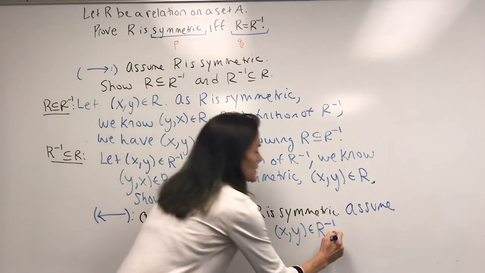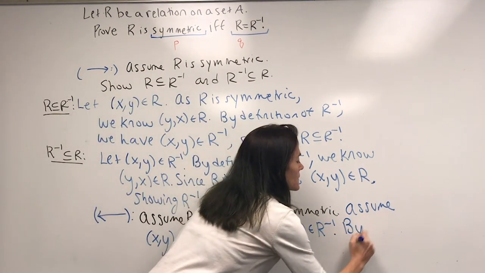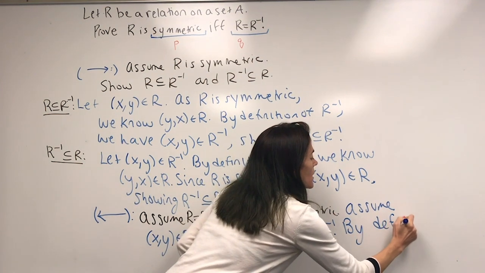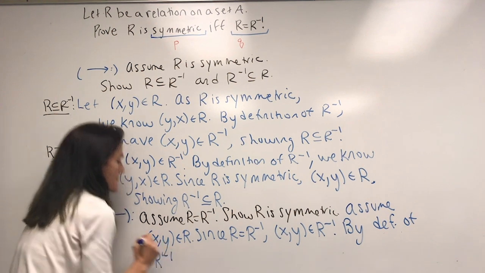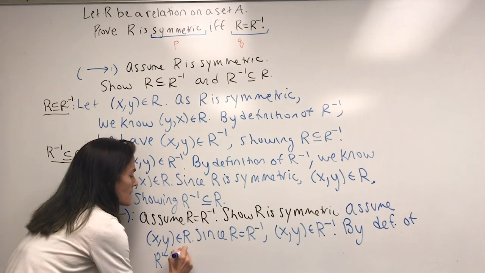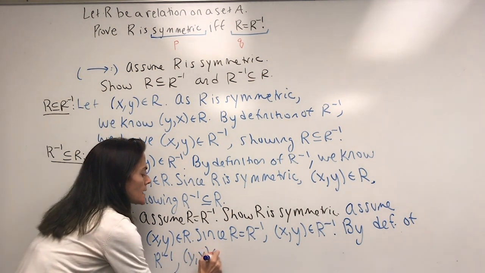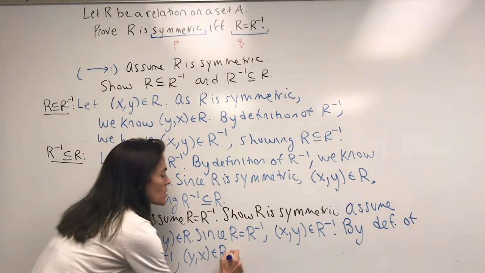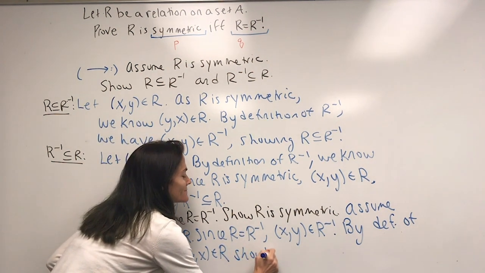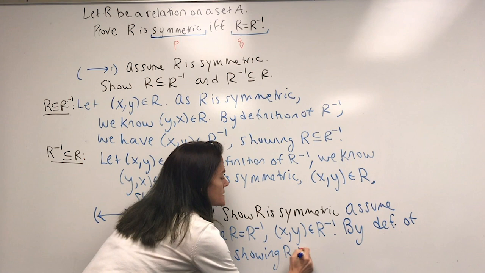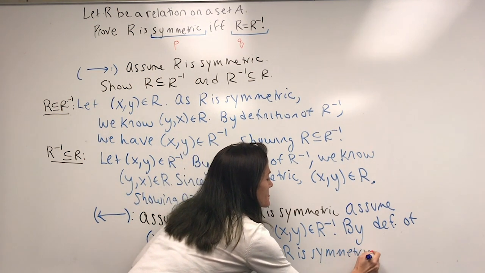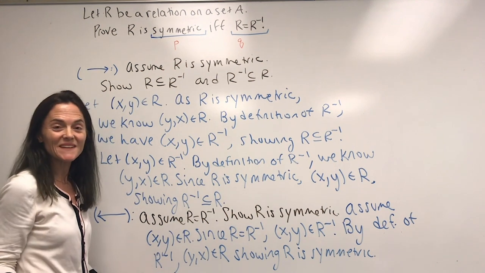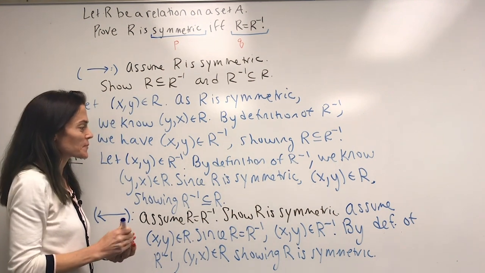And then, by the definition of the inverse relation, we have y x is in R, which shows R is symmetric. And this is exactly what we needed to complete the proof.